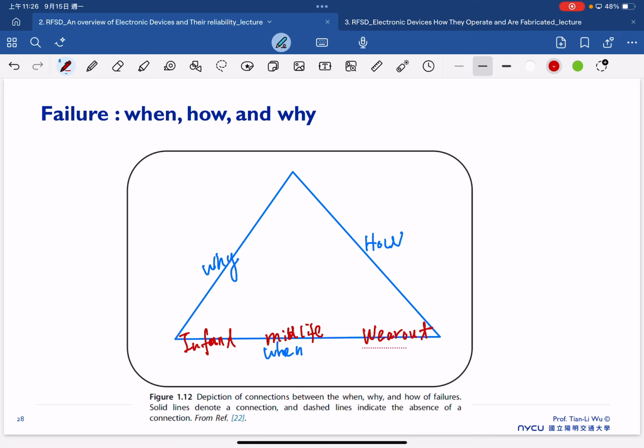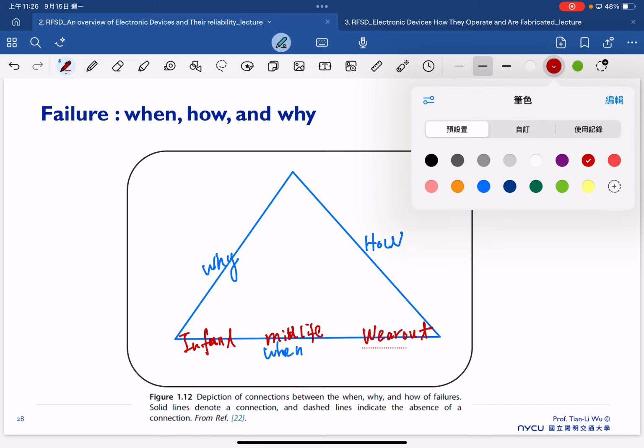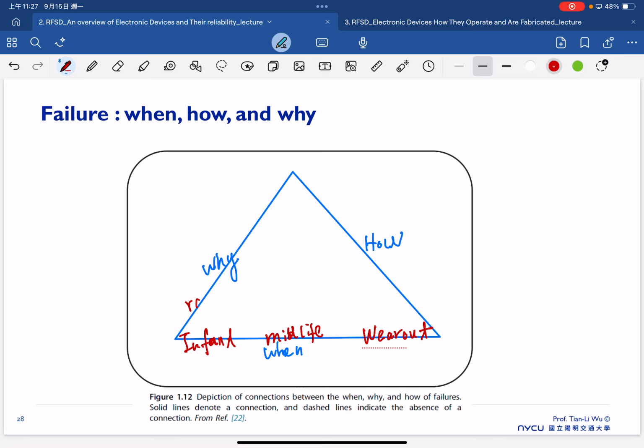And regarding the why, is this failure happening randomly, or is it following what we call preordained? That means there are some preconditions that cause this or not.